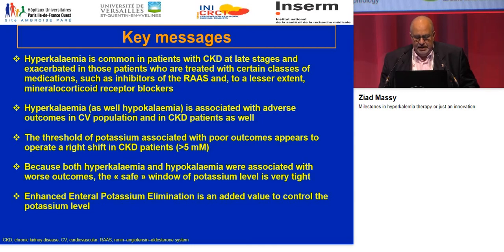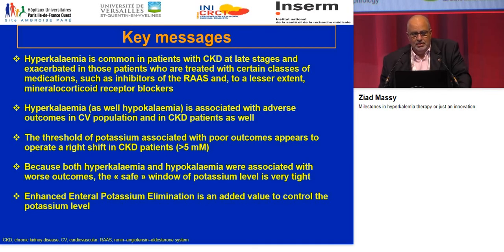It seems the threshold of potassium associated with poor outcome is slightly different between CKD patients and the general population. In the general population it's 4.5 or 4, and in our patients between 4.5 and 5. It is a tight window. We need to keep potassium in a safe window to avoid this increase.